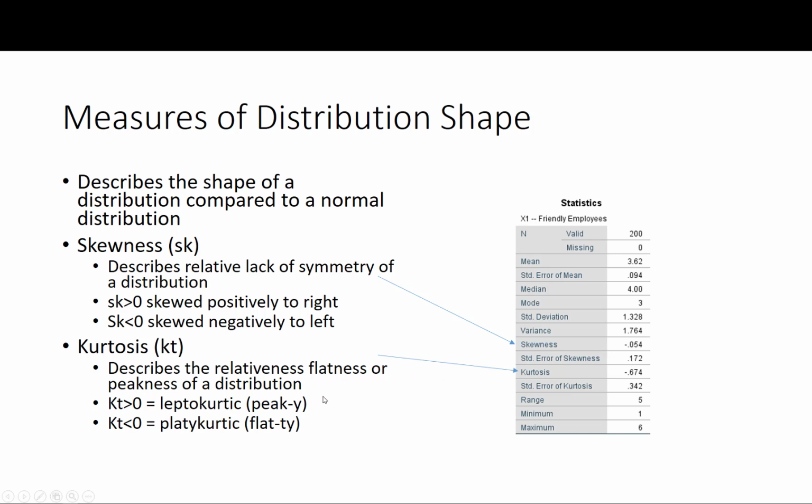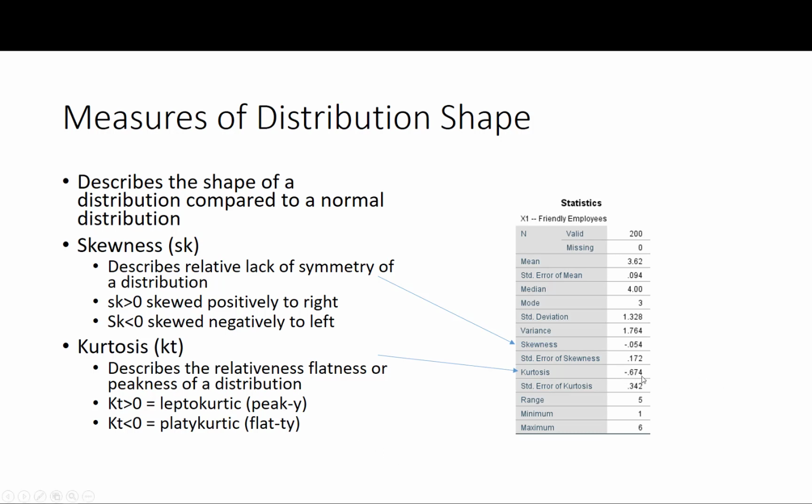And kurtosis describes the flatness versus peakiness of the distribution. This has got some funny words here. Leptokurtic, which is the peaky, so pointy one, if it's greater than 0, would suggest that it is more pointy than expected, whereas less than 0 is platykurtic, which I call flatty, so more like a plain or unhill-like distribution.